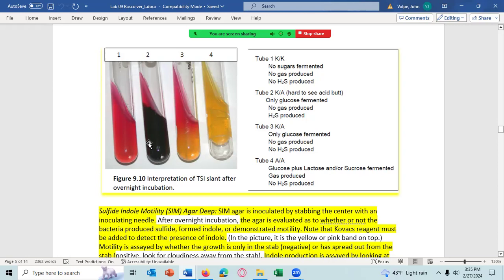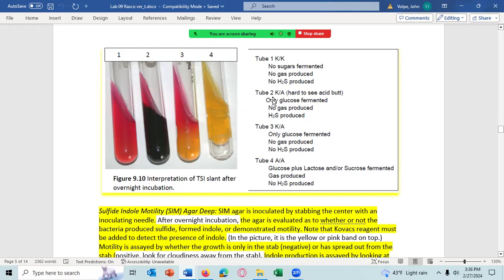And because the whole butt is black, we know that fermentation occurred, even though we can't see the yellow color, but you can assume it's there. If you had looked earlier, before the black totally took over the bottom of the tube, you probably would have seen yellow on the edges of the tube.